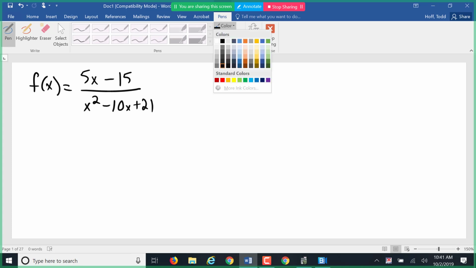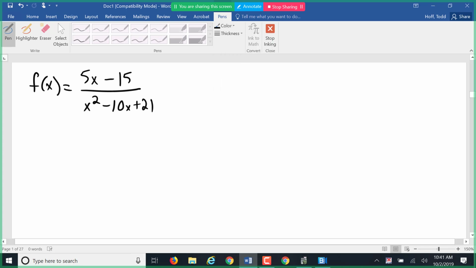First of all, I want you to find the domain of the function. Second, find the equation of any asymptotes. Then find any holes that would be in that graph.